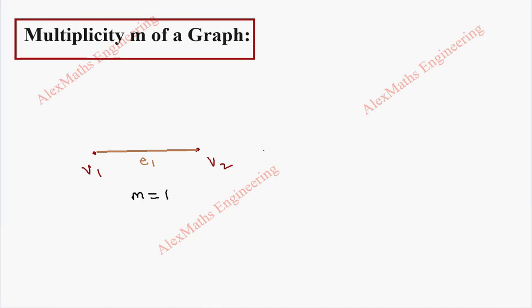Suppose I have v1, v2 and the edge e1 like this and another edge e2. In this case the multiplicity is 2, because this pair of vertices is connected with 2 edges. In the first case we had only one edge, in the second case we had 2 edges. So the multiplicity is 2.